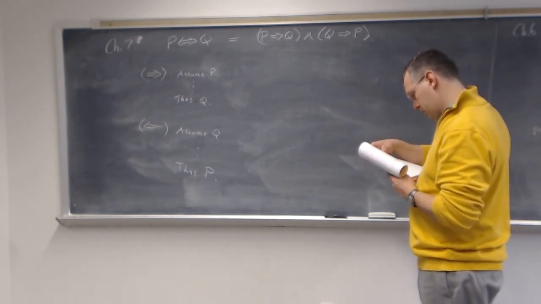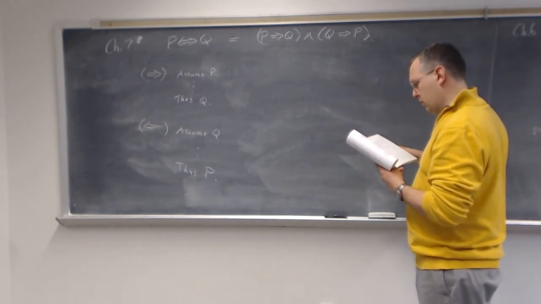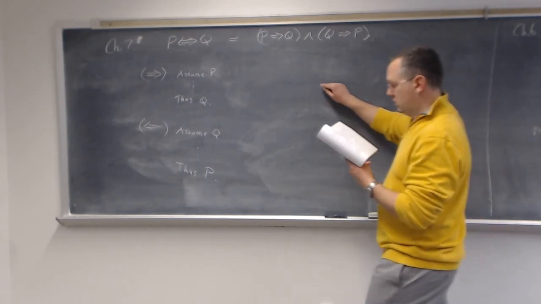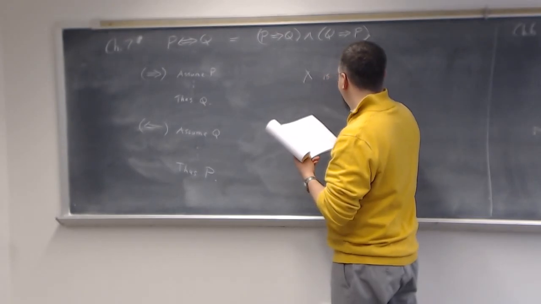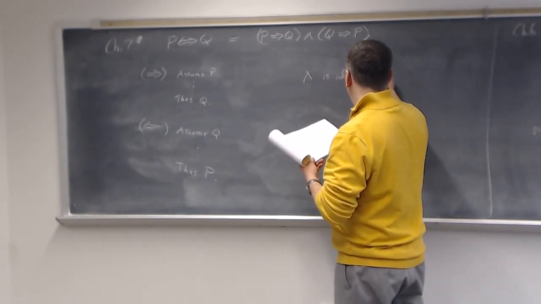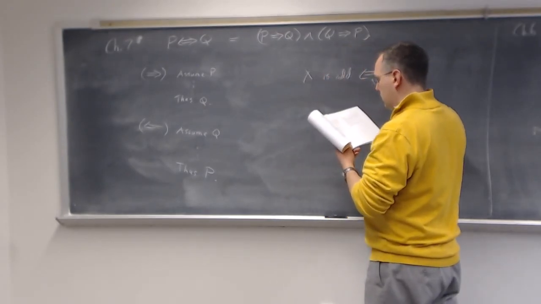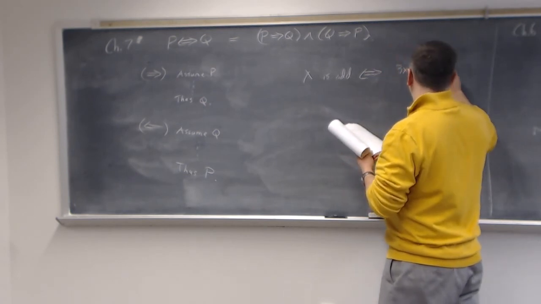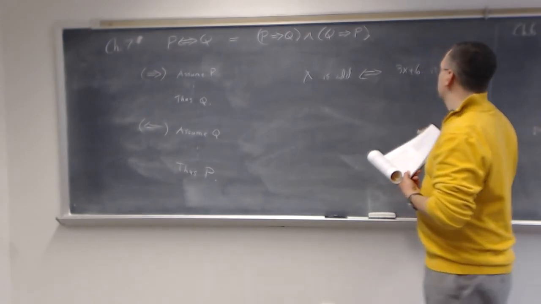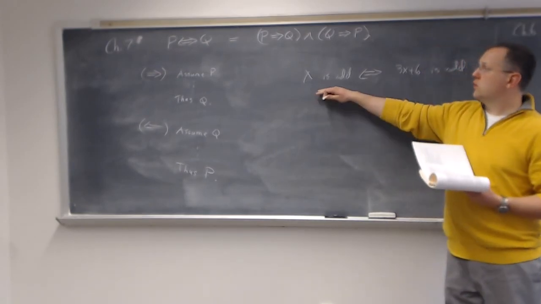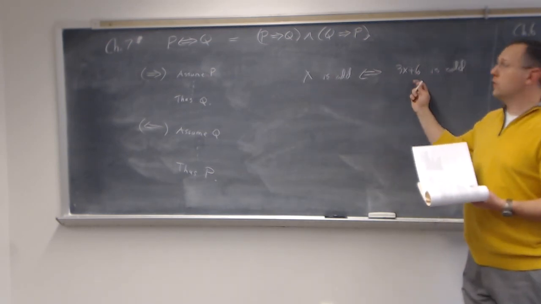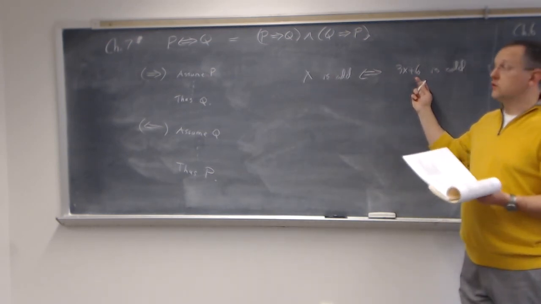I think it was: x is odd if and only if 3x plus 6 is odd. So if you show the forward implication, you would say assume x is odd, and you would show 3x plus 6 is odd. That's direct.